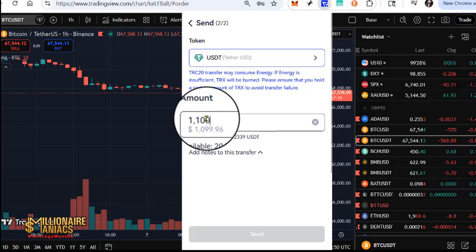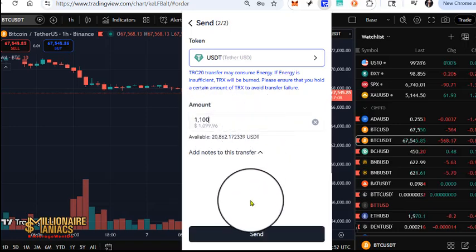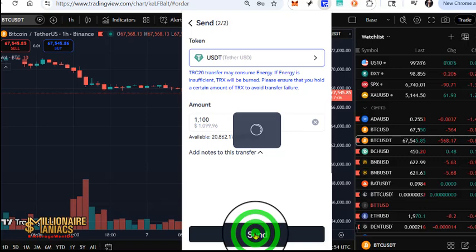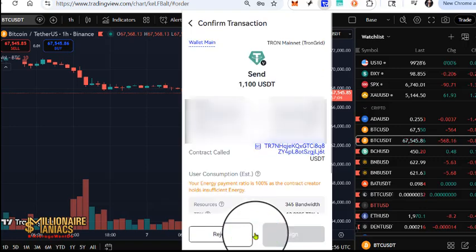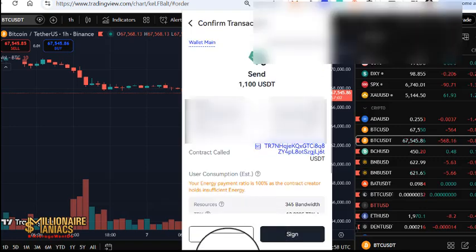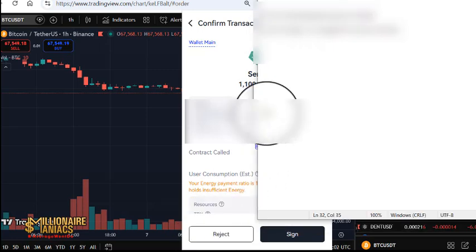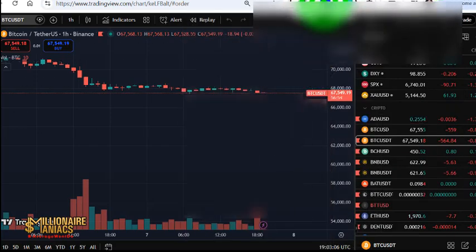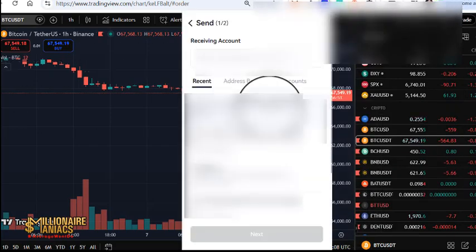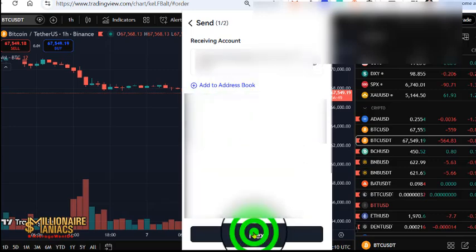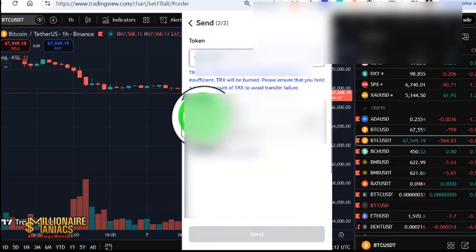let's send 1,100. I'm just going to verify the address again. It doesn't like when you do that, but that's okay. Just extra precaution. 1,100.